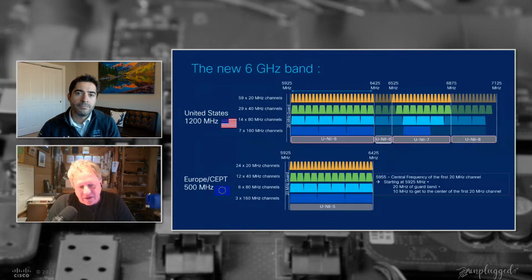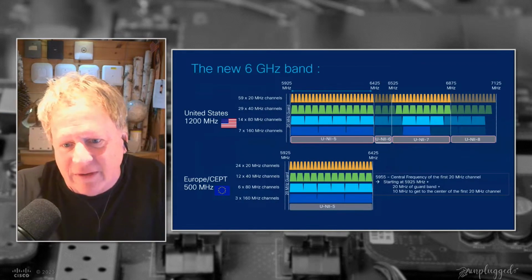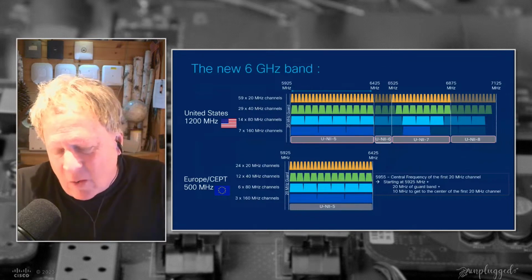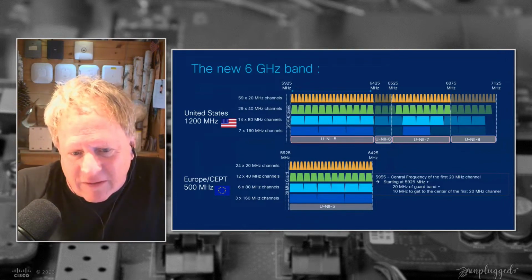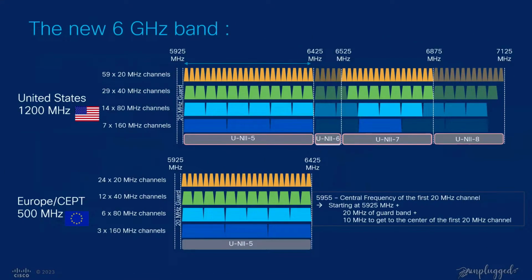Yeah, great question, Alfredo. The 6 gigahertz band or spectrum adds a lot more channels, and you can see here that we're showing those channels. On the European side, for the CEPT regulatory domain, not quite as much. It's about 500 megahertz, about half of what we have in the United States. In the United States, we get the full 1.2 gigahertz.